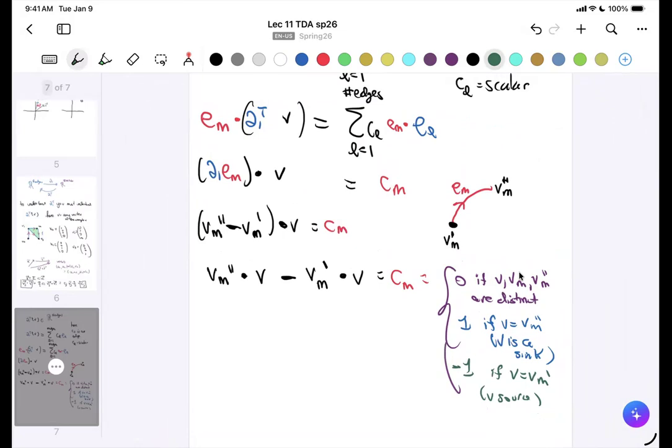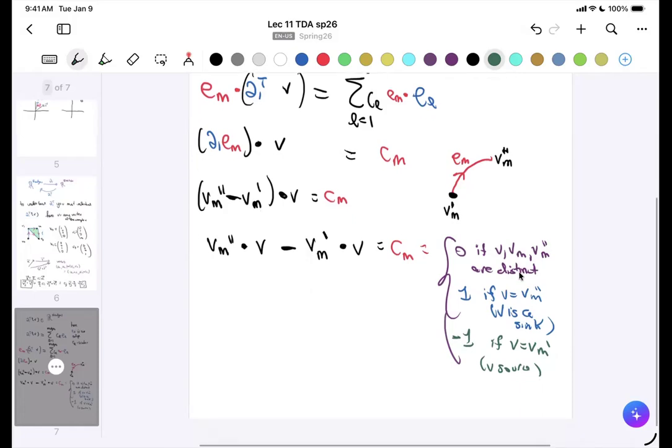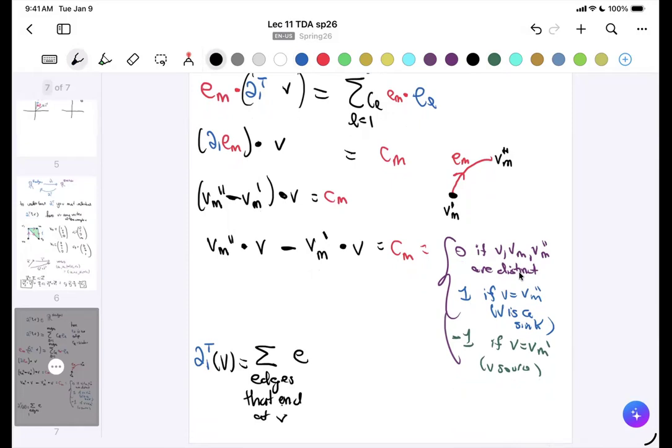It's 1 precisely for all those edges that terminate at V, and -1 for all those edges that start at V. The formula for the transpose of a vertex is super elegant: it's the sum over all the edges that end at V, minus the sum over all the edges that start at V.